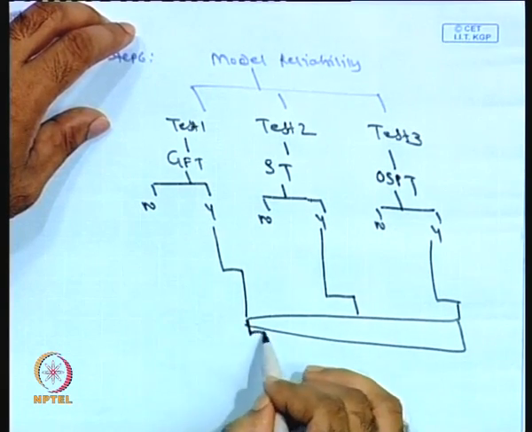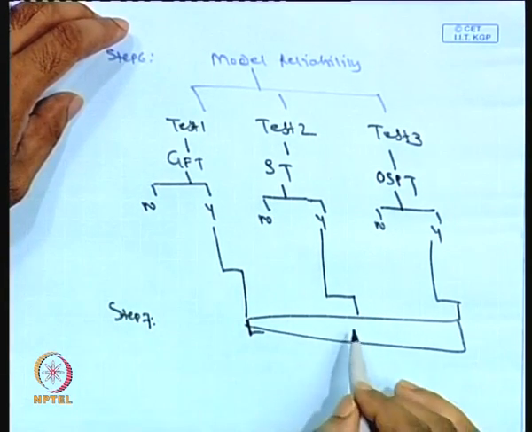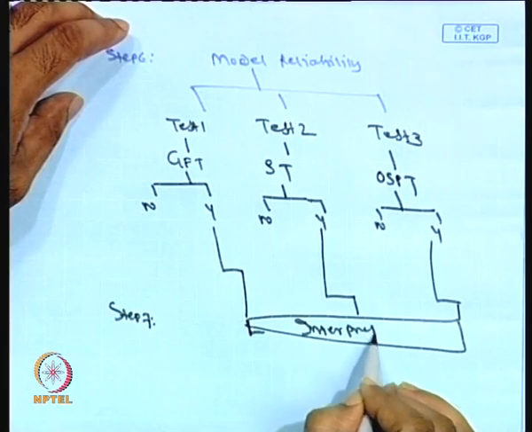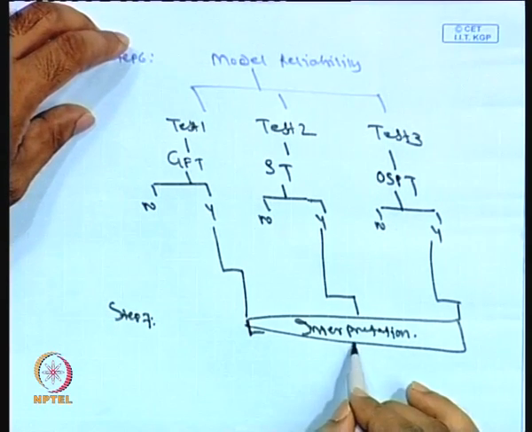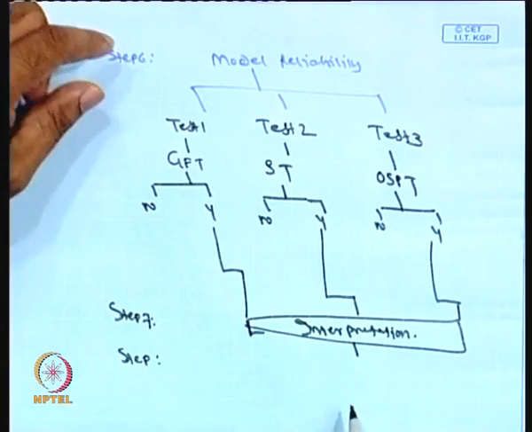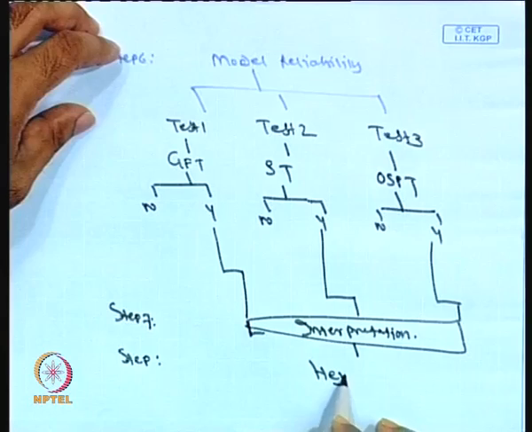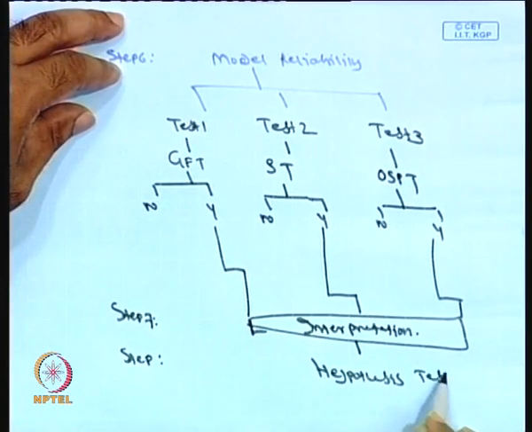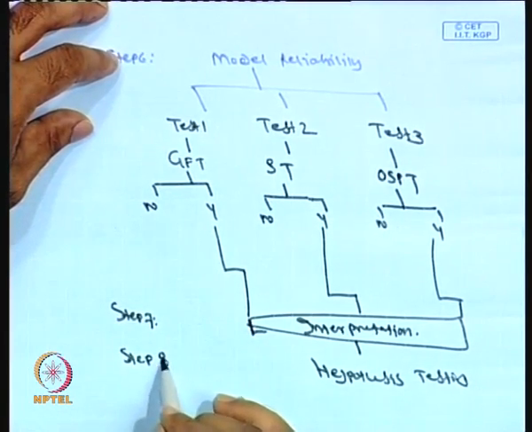Okay. So, what is step 7? So, now step 7 is basically deal with the interpretation of the existing estimated models. So, now once you interpret, then next step you have to proceed for hypothesis testing. Okay. Hypothesis testings. Right. This is step 8.